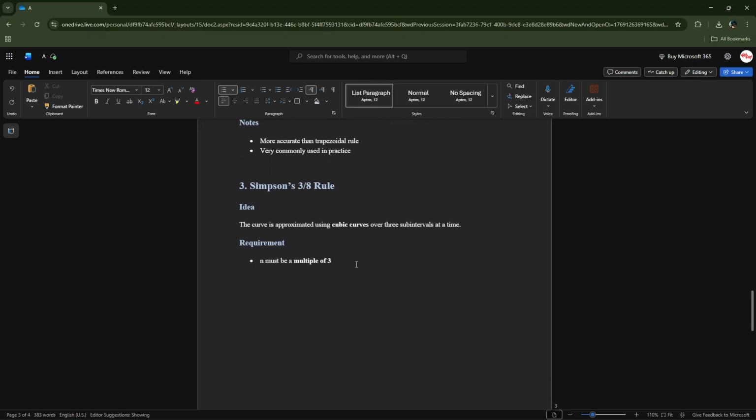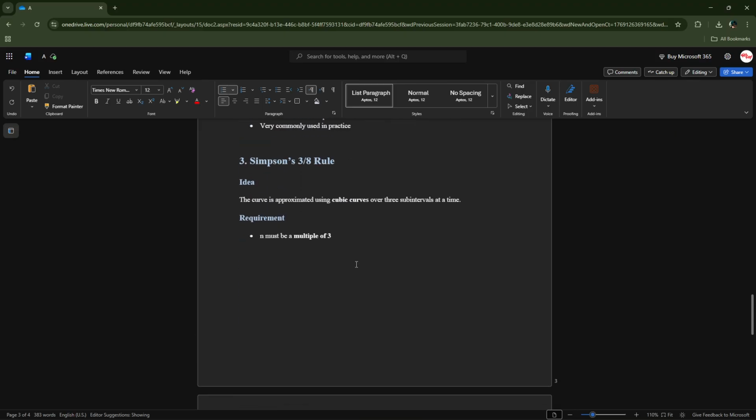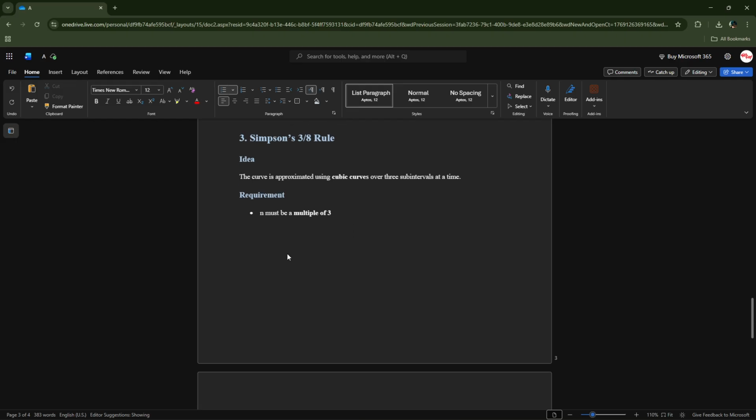The third rule is Simpson's 3/8 rule. The idea is that this method uses cubic approximations, which can give better results for certain functions. The requirement here is that the number of subintervals must be a multiple of 3.